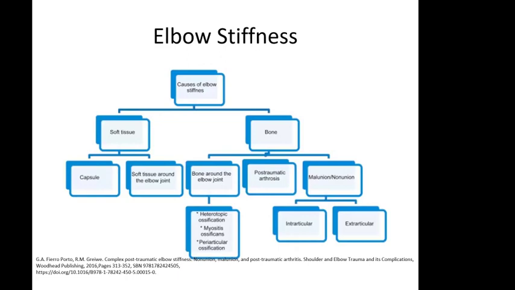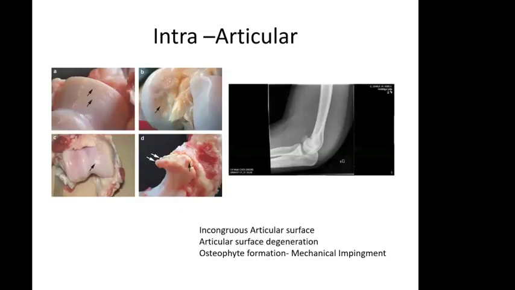Intra-articular fractures, osteochondral defects, and osteophytes alter the geometry of the articular surface. An incongruous articular surface hinders elbow motion, as does osteophyte formation, which is a hallmark of osteoarthritis.